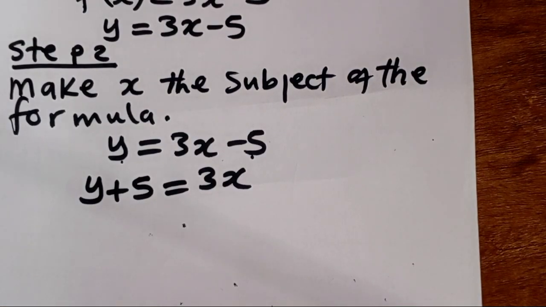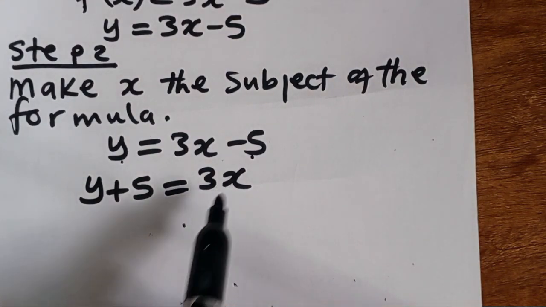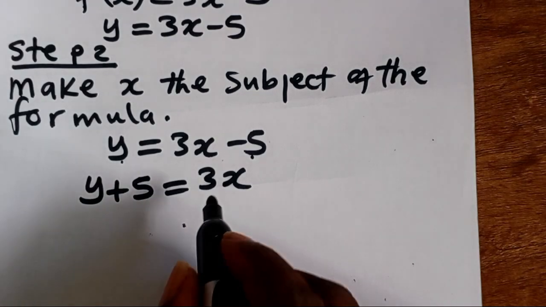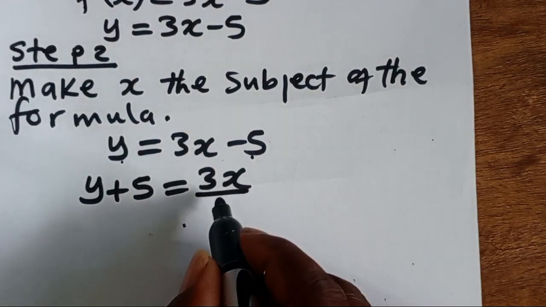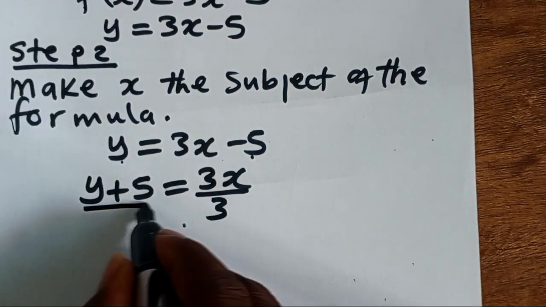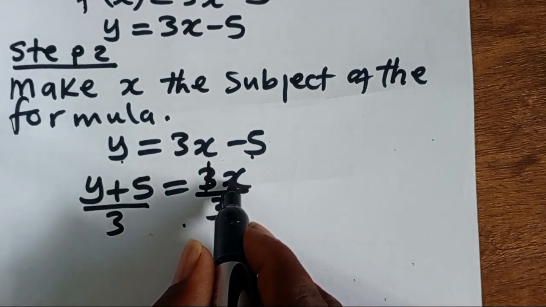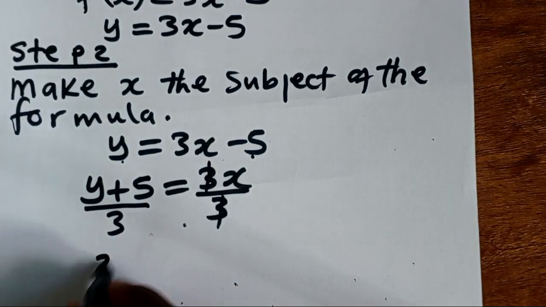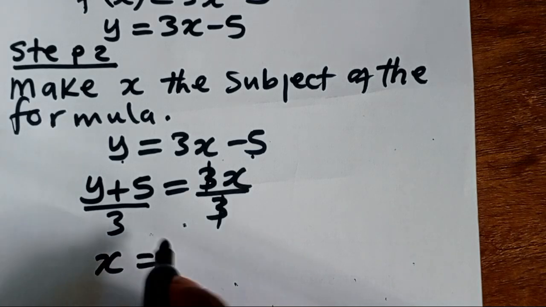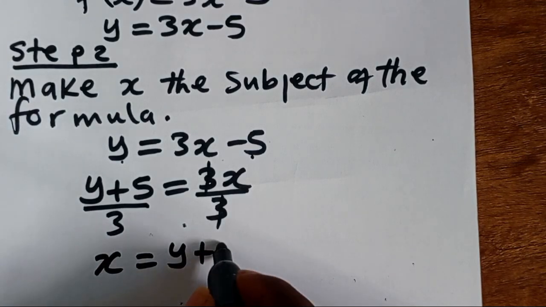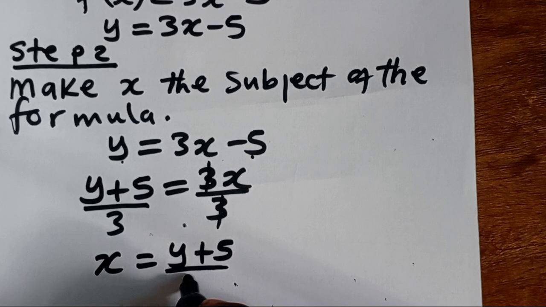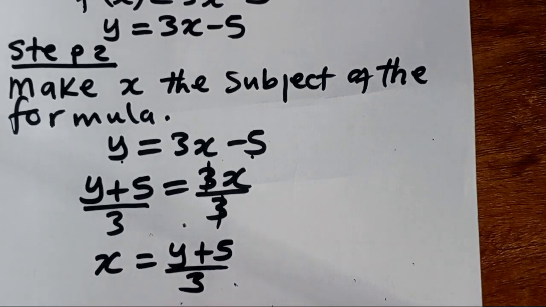Our interest is to make x the subject of the formula, so I'm going to divide throughout with 3, so that 3 and 3 can go. I remain with x. So it is going to be x equals y plus 5 over 3. So I have made x the subject of the formula.